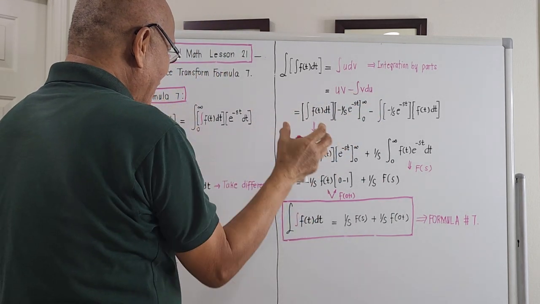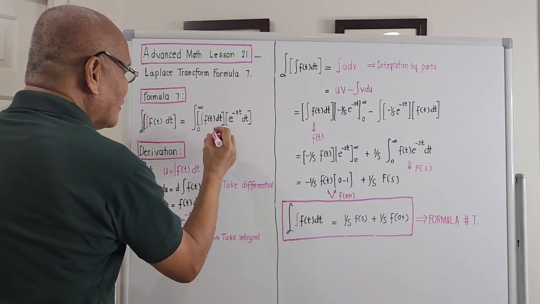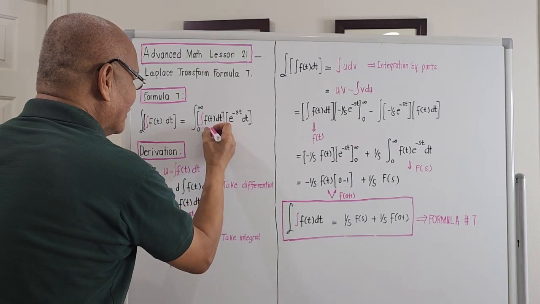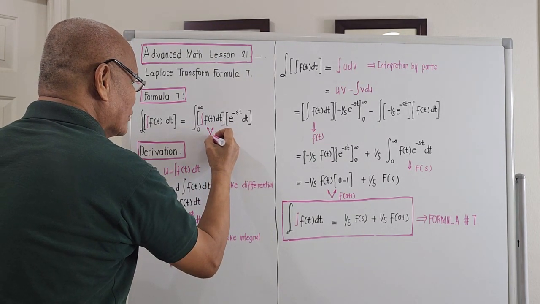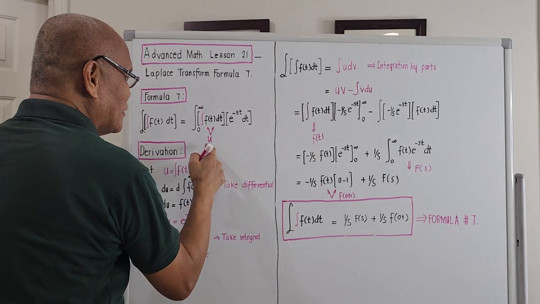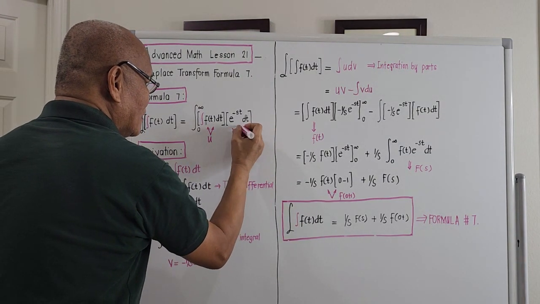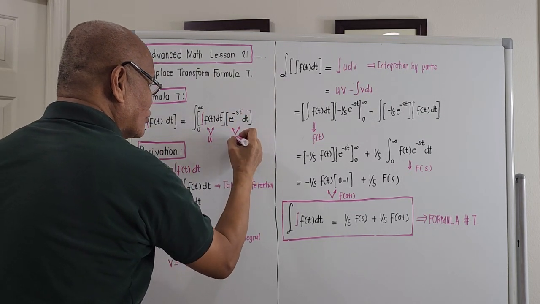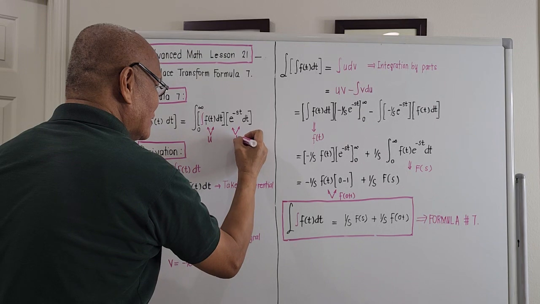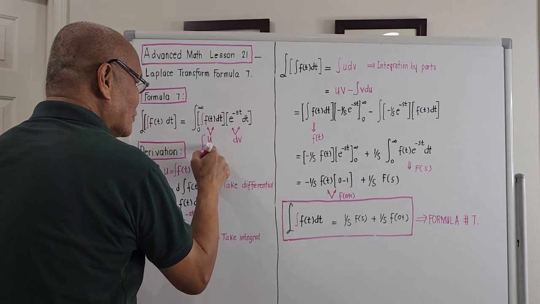From the right-hand side, we choose the value of u, and if this is u, what remains for dv will be e raised to minus st dt.